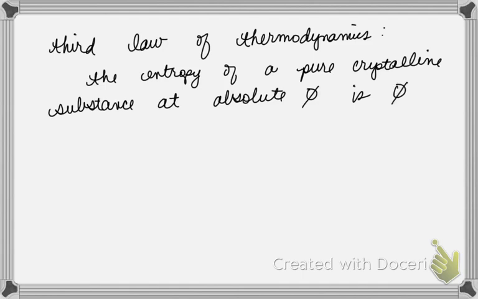What is absolute zero? You know, in math, absolute means you can't go below zero. Absolute zero is 0 Kelvin, which is theoretically the coldest temperature that could ever be reached. If you have a pure, perfect crystalline substance, and that substance is at 0 Kelvin, the entropy of that substance is 0.